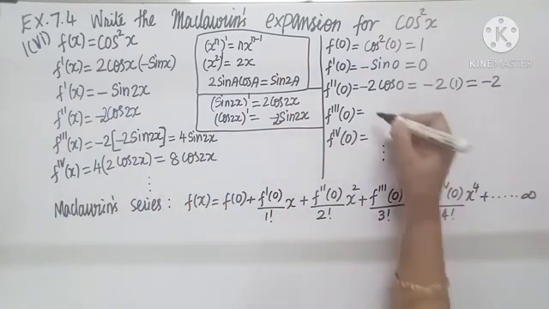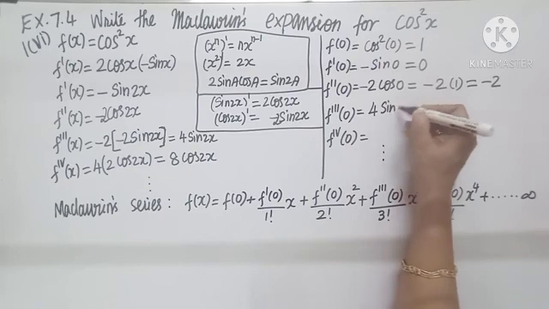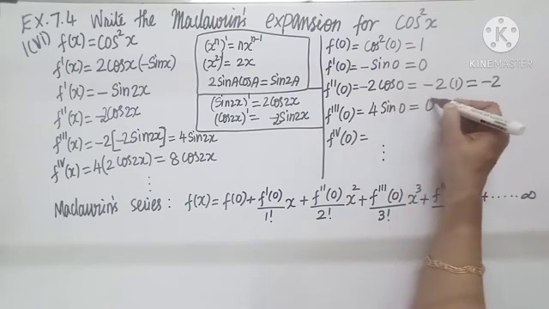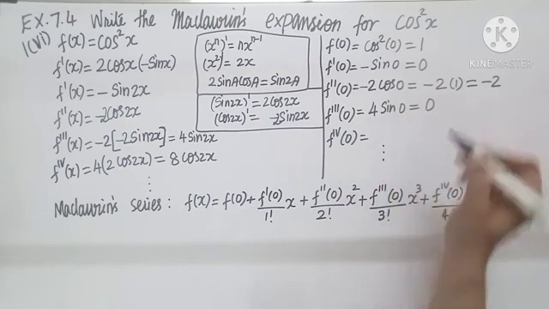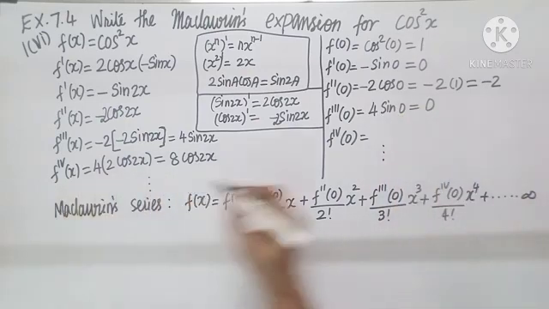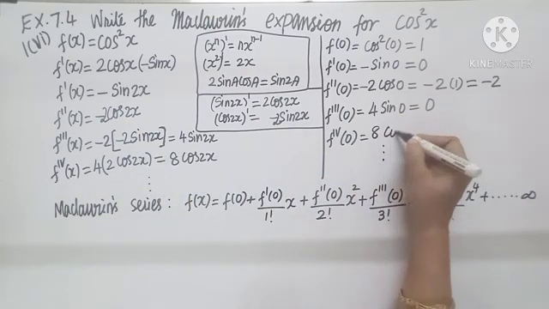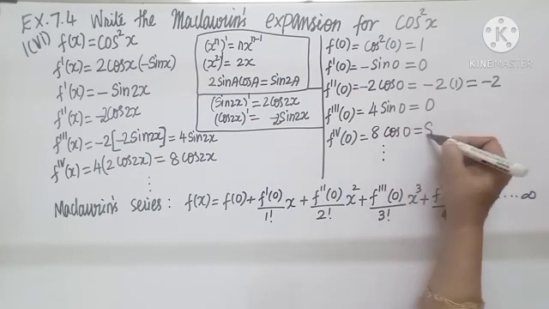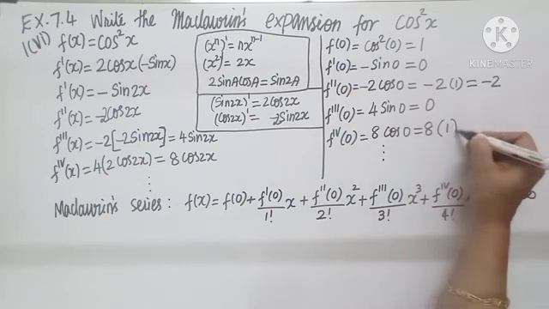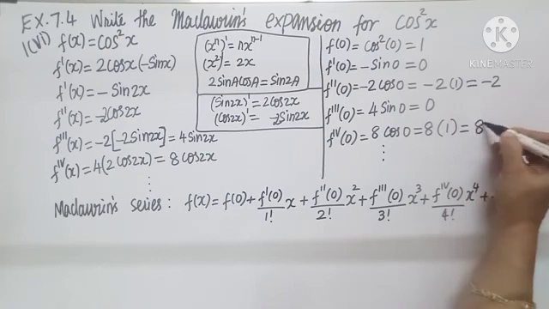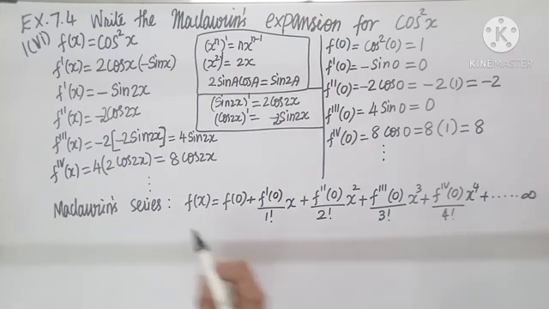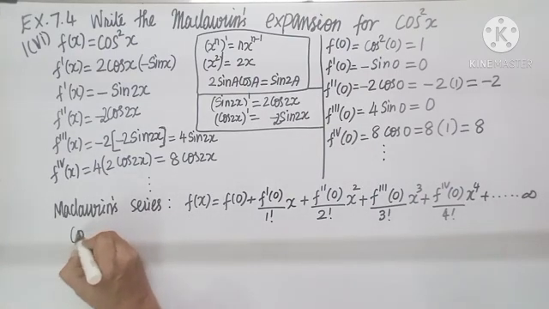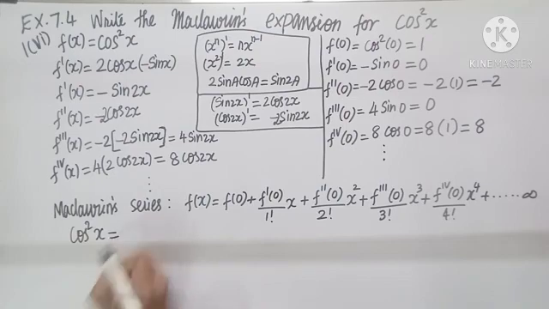Triple derivative 4 sine 0, that is 0, because sine 0 is 0. 0 into 4 is 0. Fourth derivative 8 cos 0. 8 cos 0 value 1. 8 into 1 is 8, and so on. As we substitute in Maclaurin series, f of x, we write cos square x.